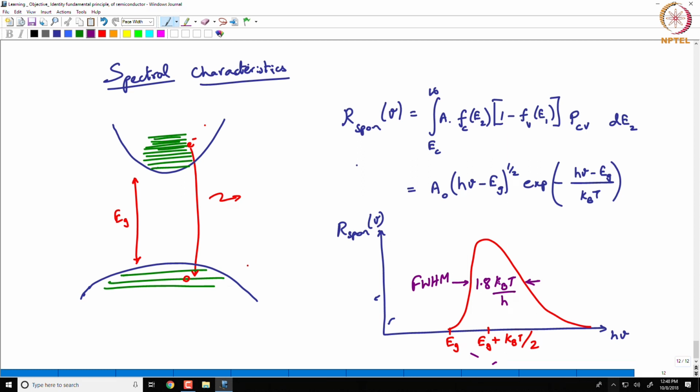And the interesting thing is that all of these are constants. kB is the Boltzmann constant and h is the Planck's constant, so T is the only variable.